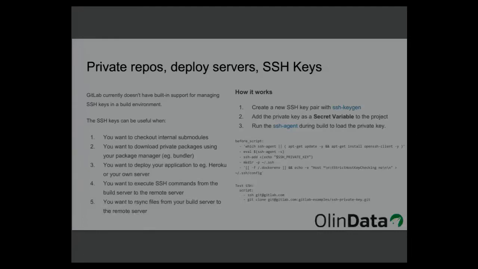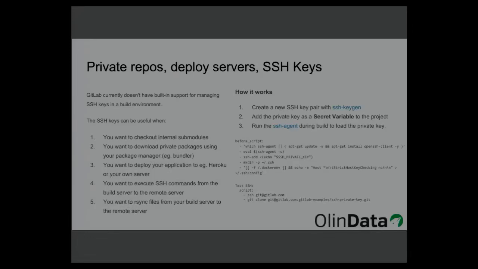So as for the use case of this, one is to check out private repositories. The other one is to deploy to production servers or any kind of server that's not easily accessible.